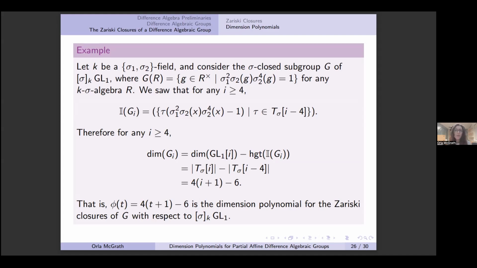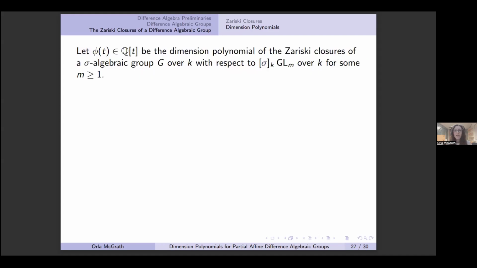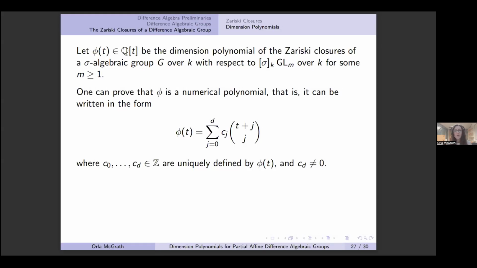Now, if you don't deal much with dimension polynomials or numerical polynomials, this might look like an odd way to write a polynomial. But writing it like this helps us to read off some nice invariants more easily. So if we have some dimension polynomial phi of the Zariski closures of our group with respect to some embedding, we can see that phi is a numerical polynomial.